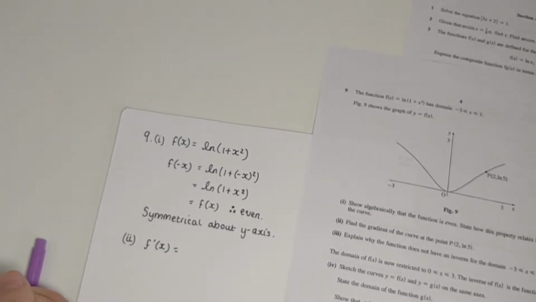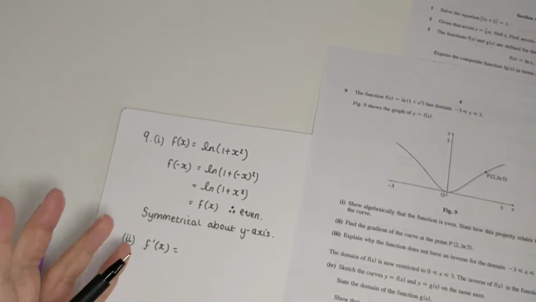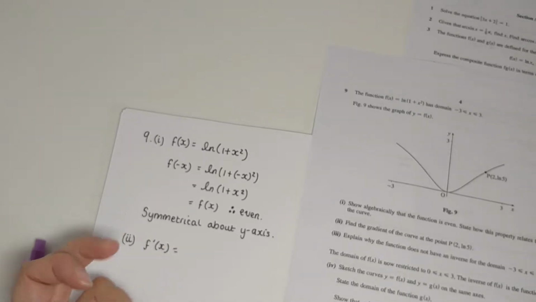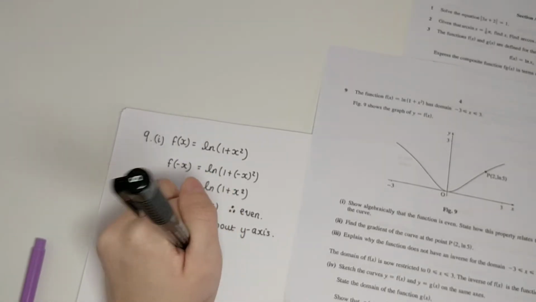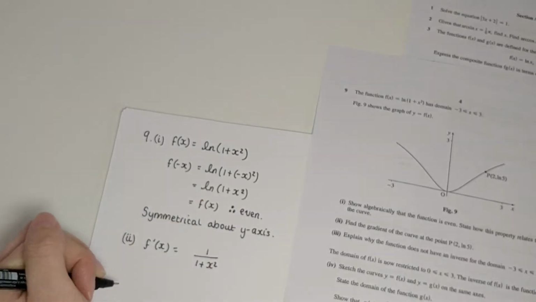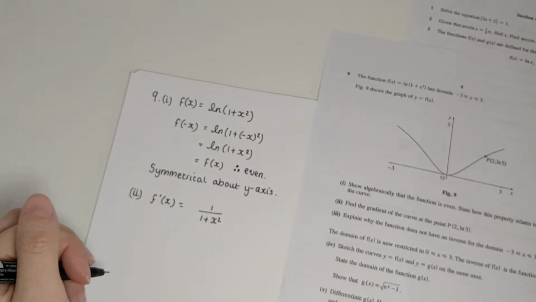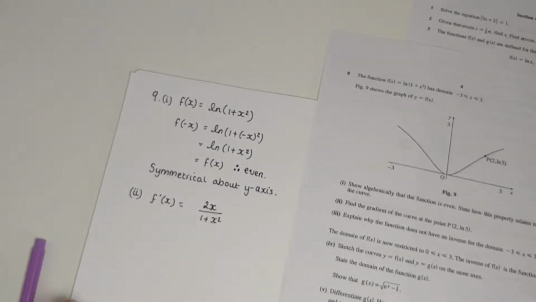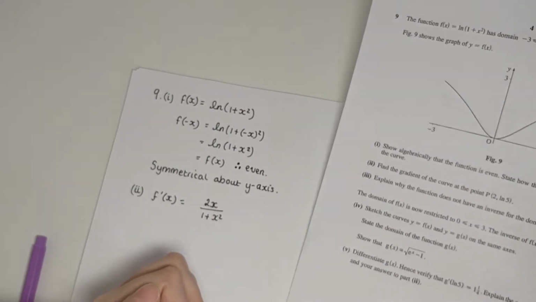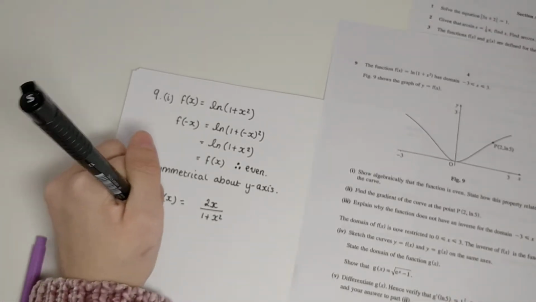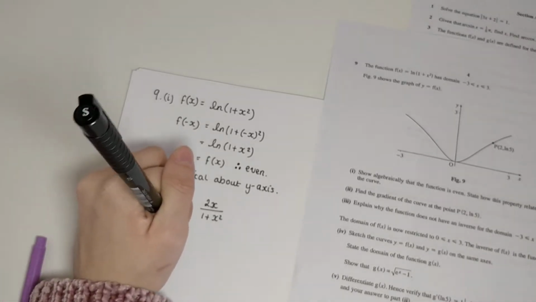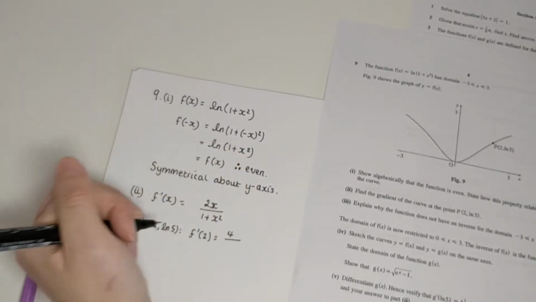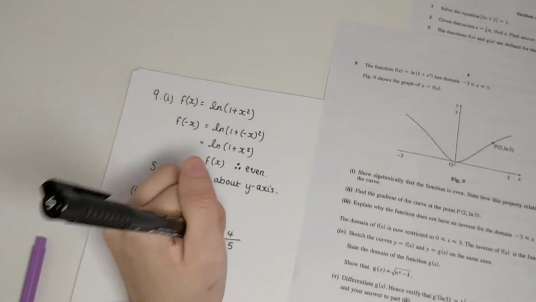I'm going to use a bit of chain rule here, so I'm going to differentiate log of blah, which is 1 over blah, and multiply that by the derivative of the blah, which is 2x. At 2, log 5. So f dashed of 2 is 4 over 5.